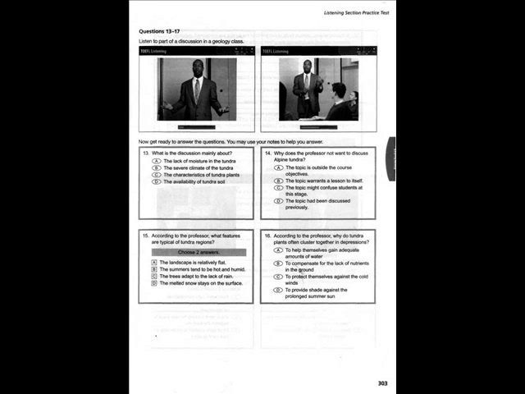According to the professor, what features are typical of tundra regions? 16. According to the professor, why do tundra plants often cluster together in depressions? 17. In the discussion, various facts about plants in the tundra are mentioned. Indicate whether each of the following describes tundra vegetation.